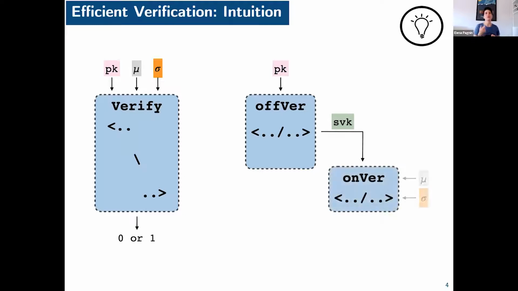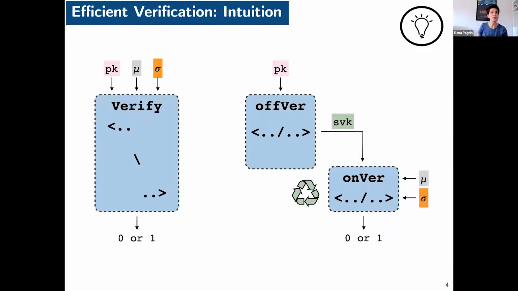With this output, I can enjoy a very efficient online verification phase where I get a message and a signature, and I can very efficiently decide if this signature is correct or not. The key idea here is that I can repeat the online verification as many times as I want. So I leverage a one-time offline setup to perform an online verification several times.